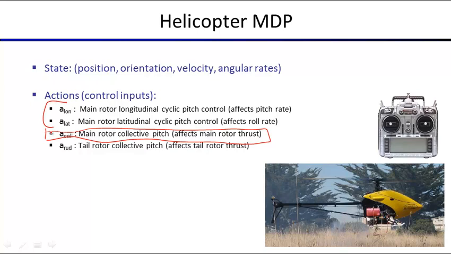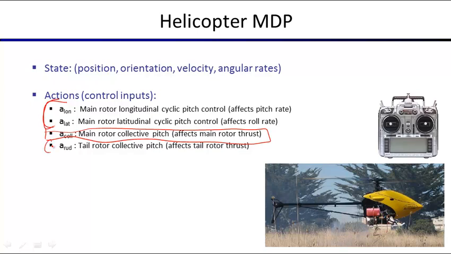There's a very clever mechanism built onto the main rotor, and that mechanism allows you to set a difference in angle between angle on the left versus angle on the right, angle on the front versus angle in the back. And that difference in angle will result in a difference in the amount of air being pushed down, front, back, left, right, which in turn allows you to rotate your helicopter, roll, or pitch it. So that's these two controls.